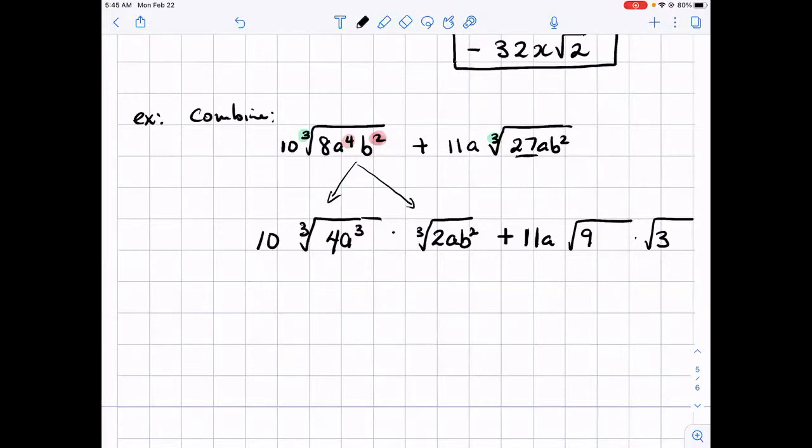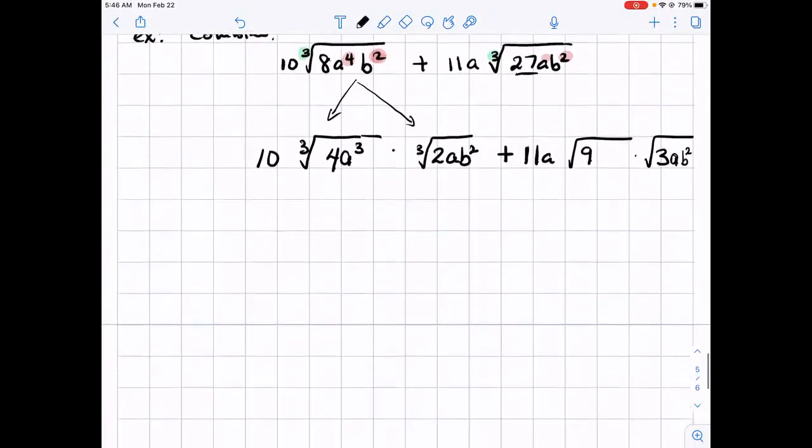And this a has a power of 1, so that is less than 3, so that stays with that 3. And the power here is also less than the index, so we know we won't be able to simplify it, so that stays over there. And as I said before, the reason I like to split them up is because I know everything in that radical will be simplified.